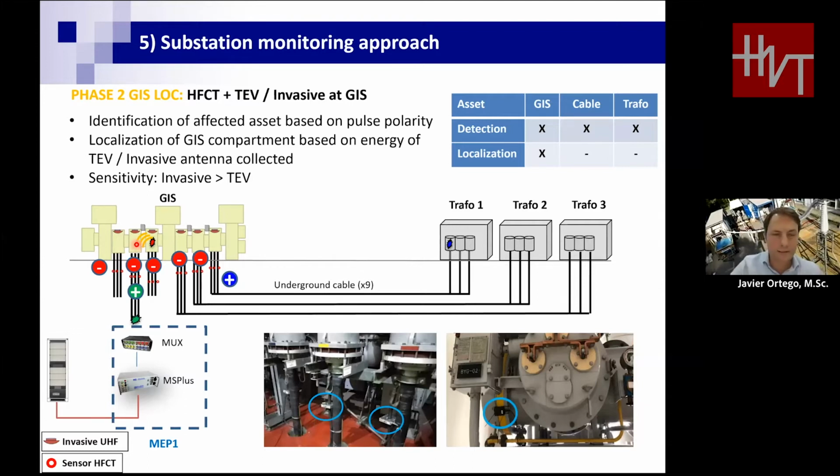Okay, so with the first approach, it's always applicable with ultra high frequency, maybe for very old installation where we don't have any inspection window, any insulated spacer, or any invasive sensor. It's difficult to apply this ultra high frequency measurement.